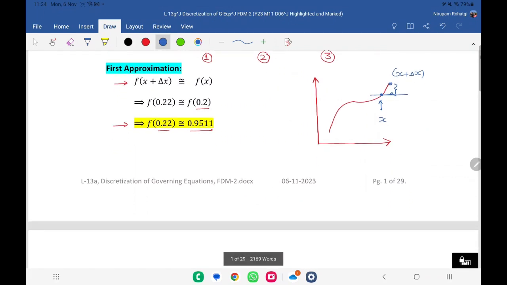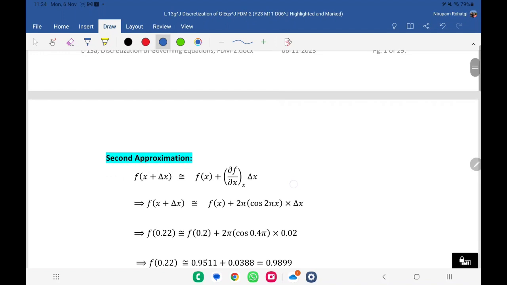Now I will do a second step. Instead of taking the terms up to 0.1, I will take terms up to 0.2. This is my second approximation. And what does that mean? That f(x plus delta x) is equal to f(x) plus the derivative of f with respect to x at point x multiplied by delta x.